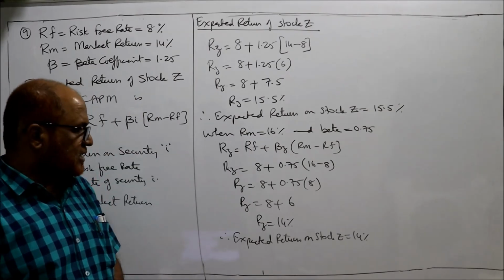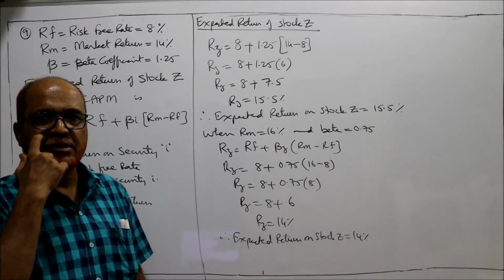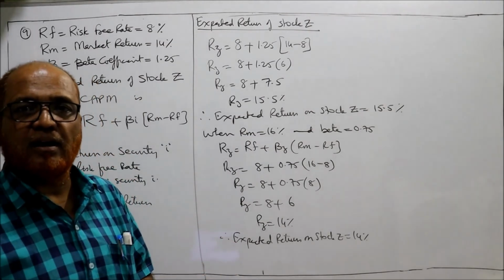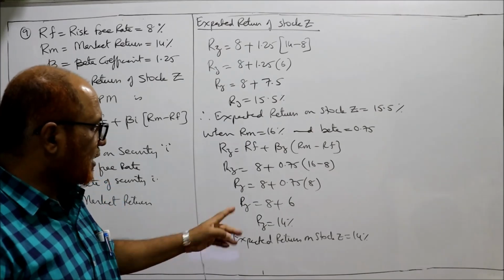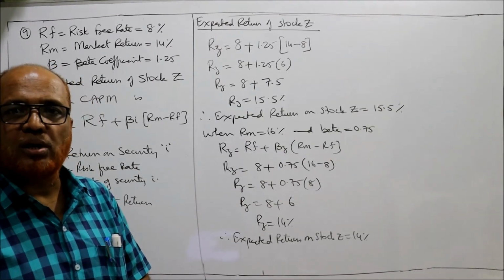Expected return on stock Z is 14%. So this is the first problem. Again we are calculating expected return of stock Z.